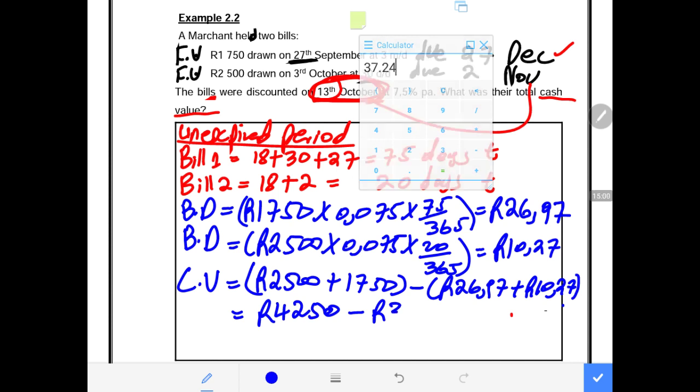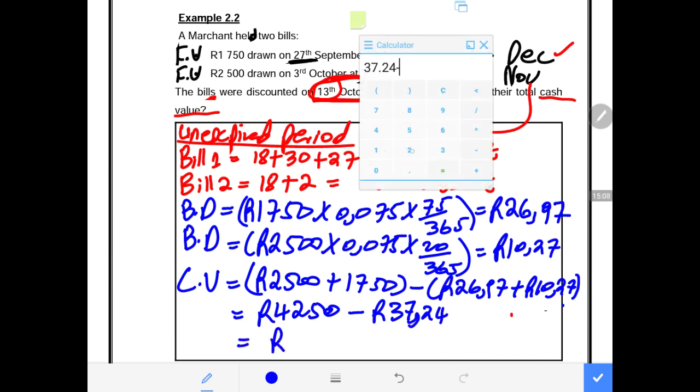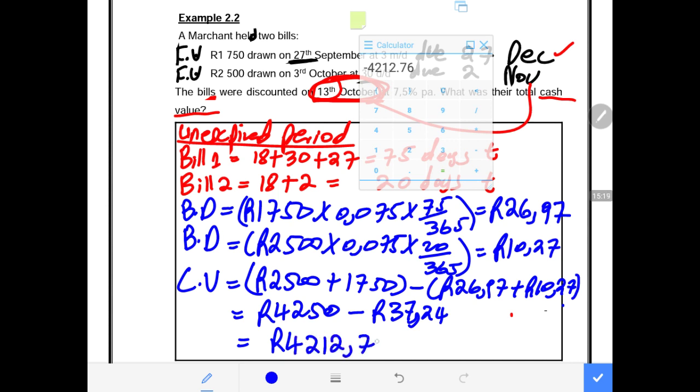This gives us 37 rand 24 cents. So now we get to know minus 4,250. We get to see that the amount that we will receive is 4,212 rand 76 cents. If you remember previously, I separated my answers for these bills.